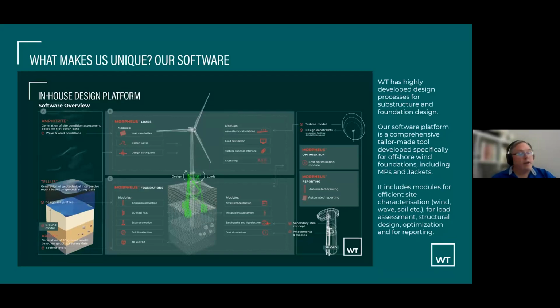But we have developed in-house, using MATLAB, our own tailor-made software for designing both jackets and monopiles for offshore wind turbines. And what we're able to do with that is, you see on the lower left there, TELUS is the module that takes in the 3D ground model and collates all of that data for each individual specific location.